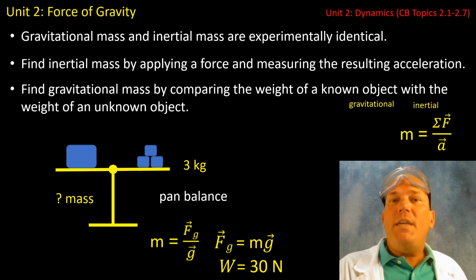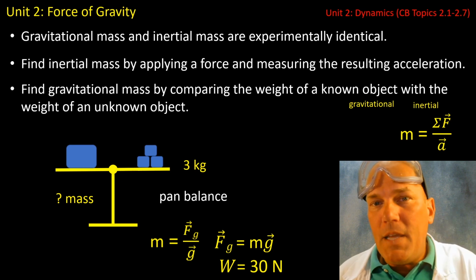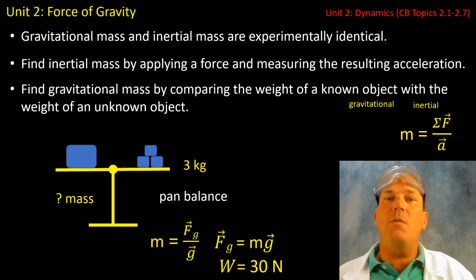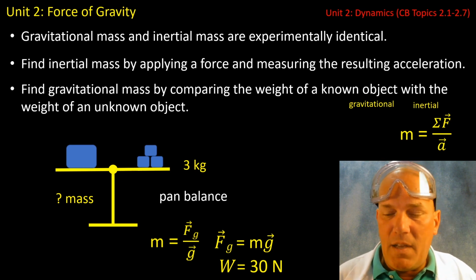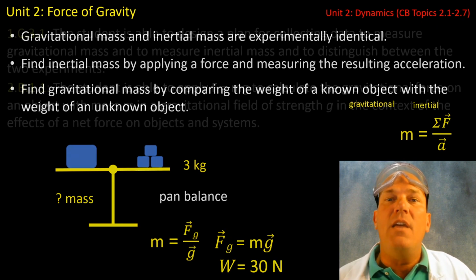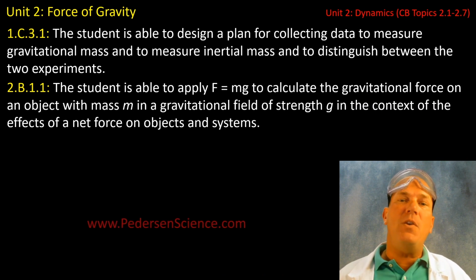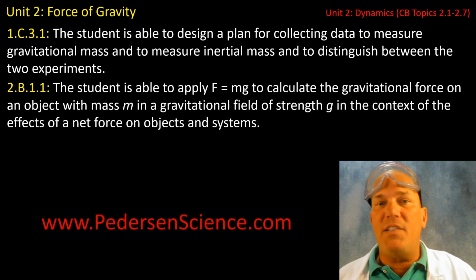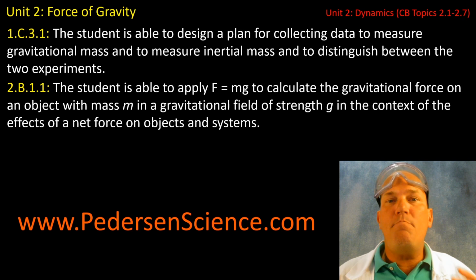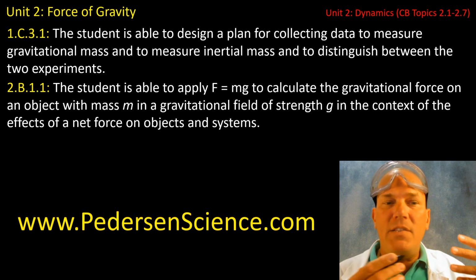So the 3 kilograms multiplied by 10 meters per second squared will give me the weight of the object, which is 30 newtons.